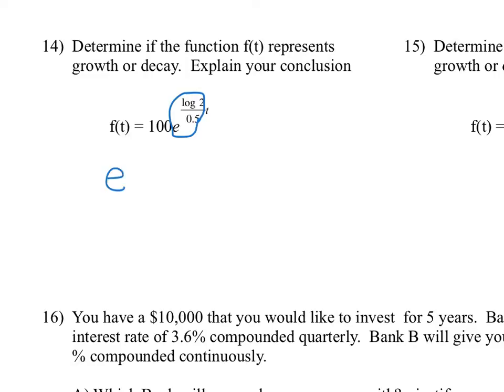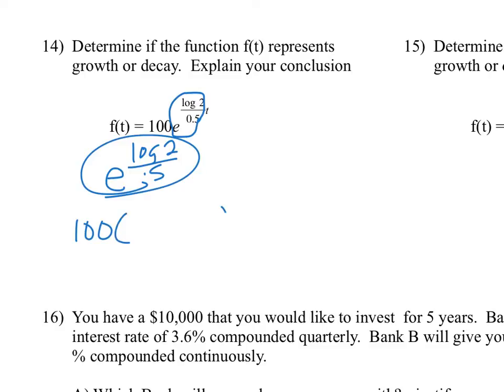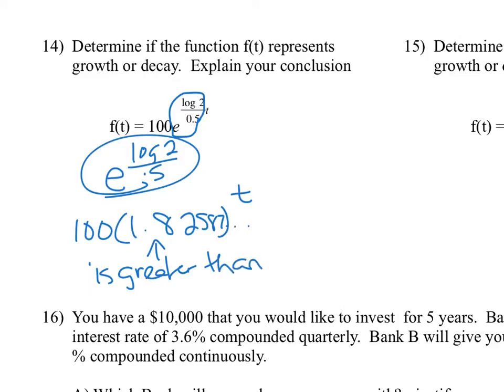So where you have to actually do this math, put it in your calculator, and when you do that, this number right here, which is the one that would be in the parentheses, is 1.82587, etc. So since this number is greater than 1, it shows growth.